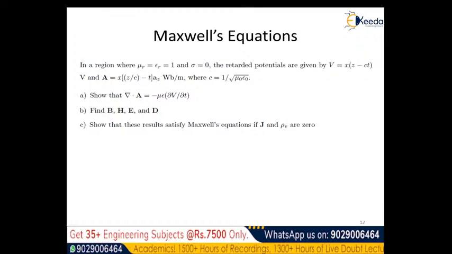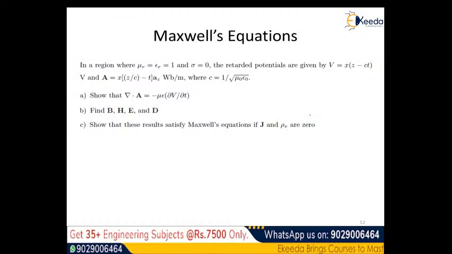So from part B, once we have the values for B, H, E and D, we have to check whether they satisfy Maxwell's equations, provided there is no conductivity and no charge in the medium. Let us first answer part A.